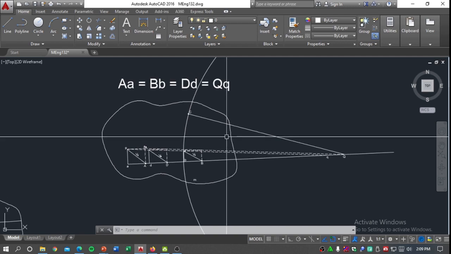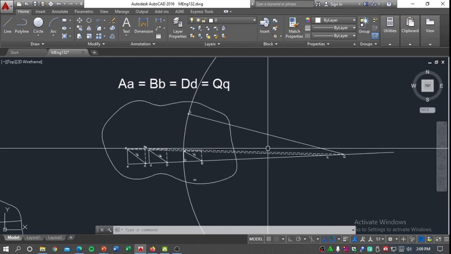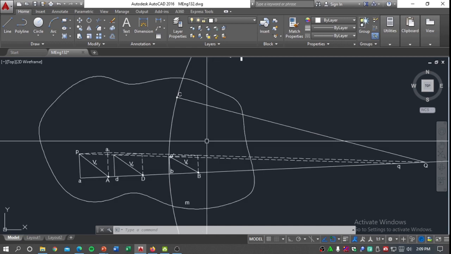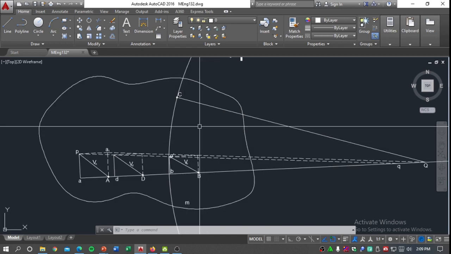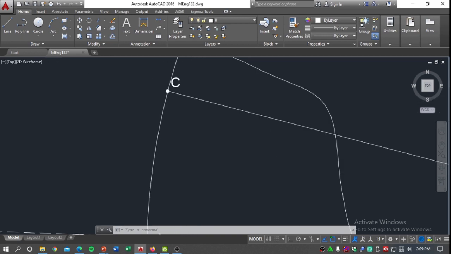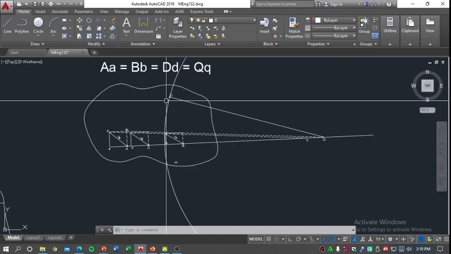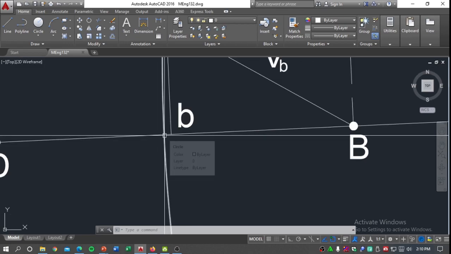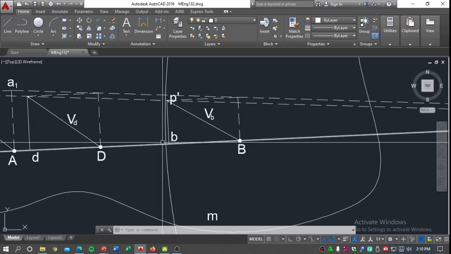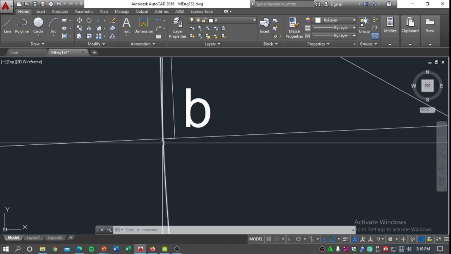Okay, so just like what we've done with the example in Figure 3-5, getting the velocity of point C, which is actually located here, is the same as getting the velocity of a point here.